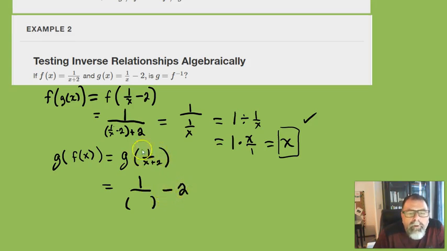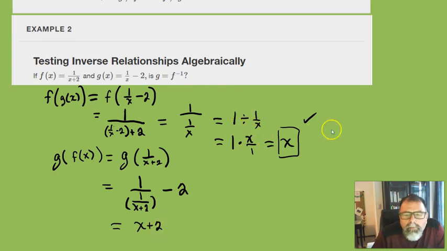And I'm inputting the output for f, which is 1 over x plus 2, where the x is. Now this one's a little more difficult, oh, actually no. Think of this as reciprocal. 1 over 1 over x plus 2, so the reciprocal of this would just be x plus 2.